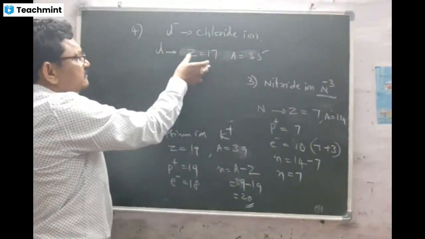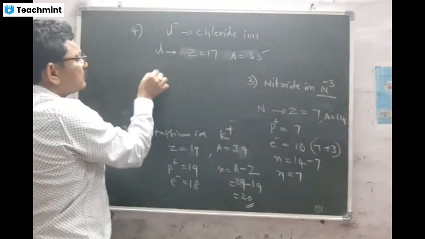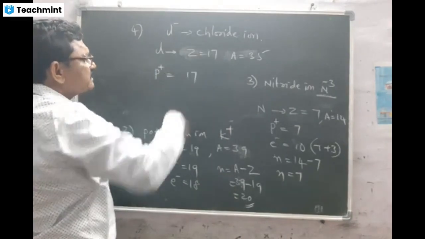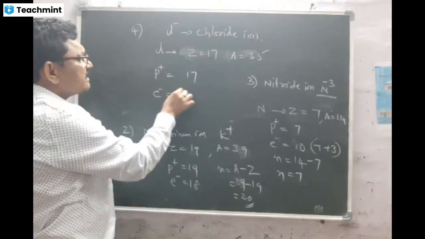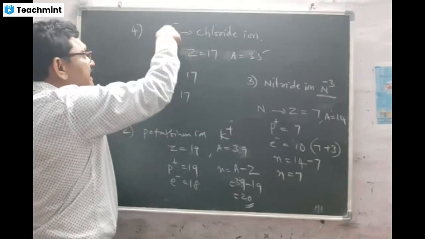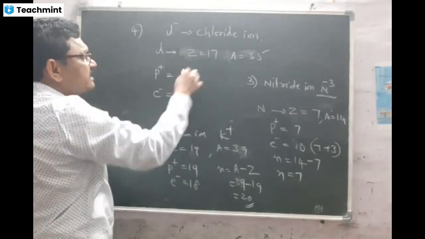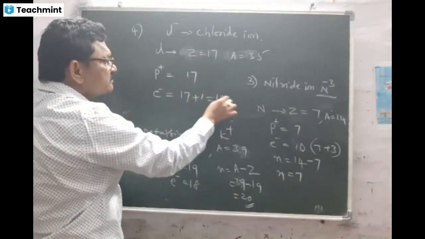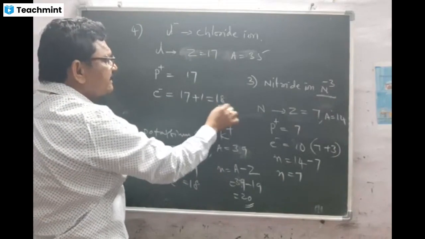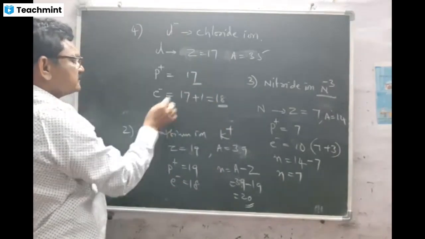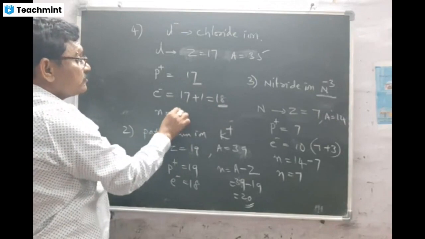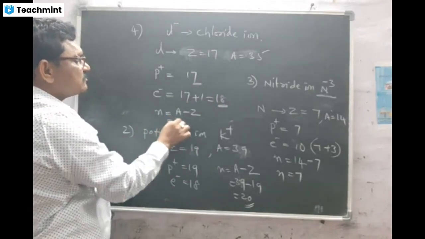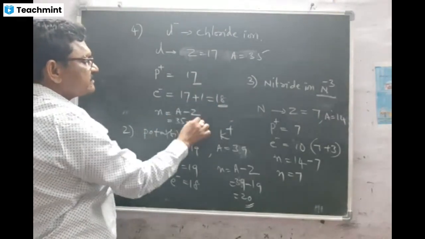The atomic number is 17. You want to calculate the protons, P plus. How many protons are there? 17. How many electrons are there? 17 electrons are there. But we are calculating Cl minus 1. Minus 1 means you add 1. So how many electrons are present? 18. Protons are 17. Neutron formula is A minus Z, that is equal to 35 minus 17.